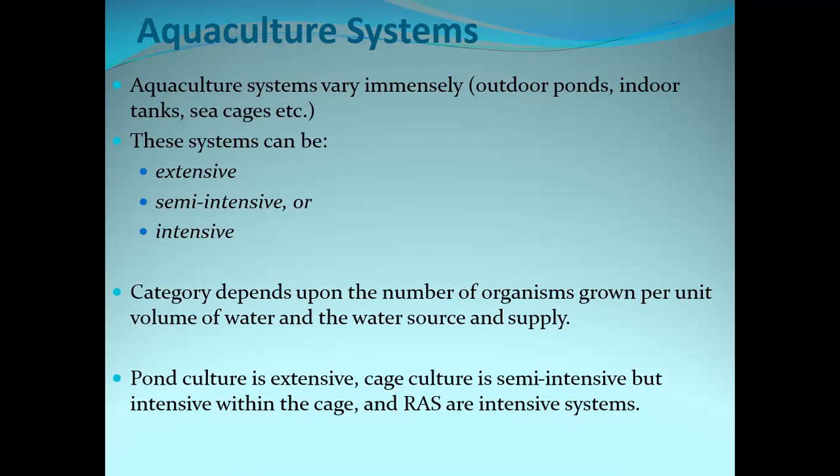So there are slight disadvantages and advantages to each type of system, and depending on your situation, one may be favored over the other. As an example, China, which is the largest aquaculture producer in the world, and the Asian countries account for almost 80% of world production, utilize a lot of pond culture because they have so much available land.